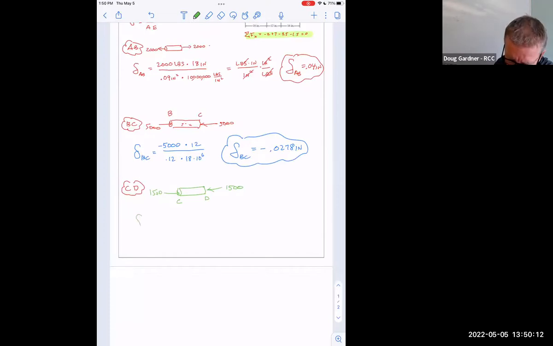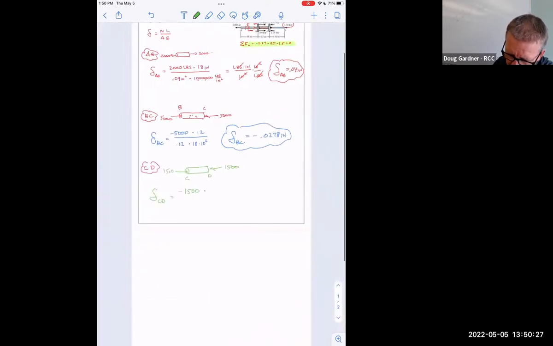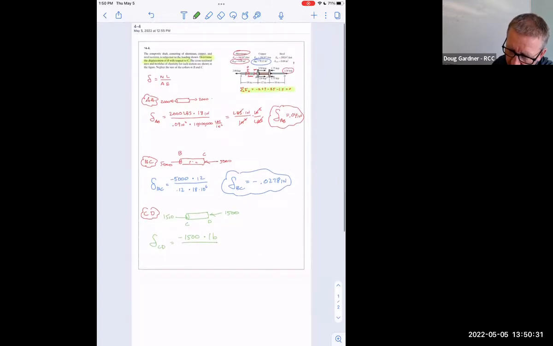So then what is delta, the change of CD? Its force is negative 1500, at least that's where I'm going to put that compression in. Its length, how long is it? Oh, it's 16 inches long. And its cross-sectional area, again, I have to calculate it.